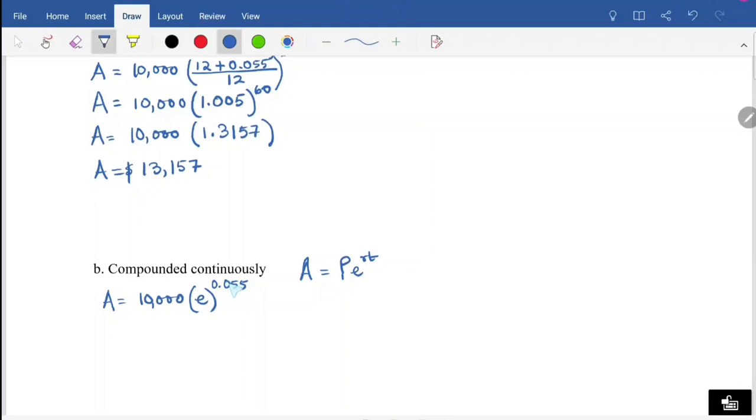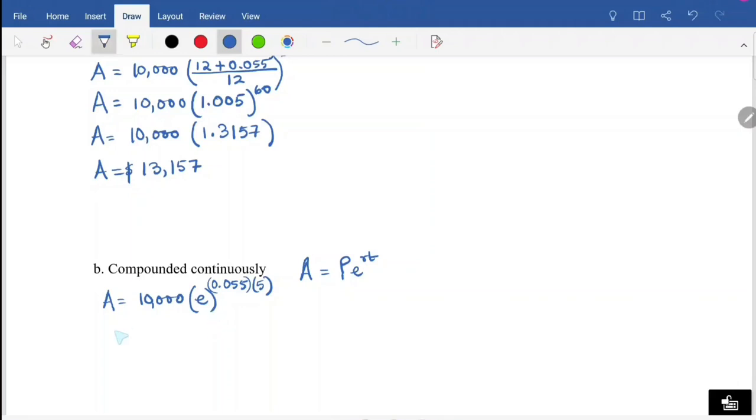So there is no n here, because it's getting compounded continuously. That's taken care of by e, the base of the exponent that we are using.